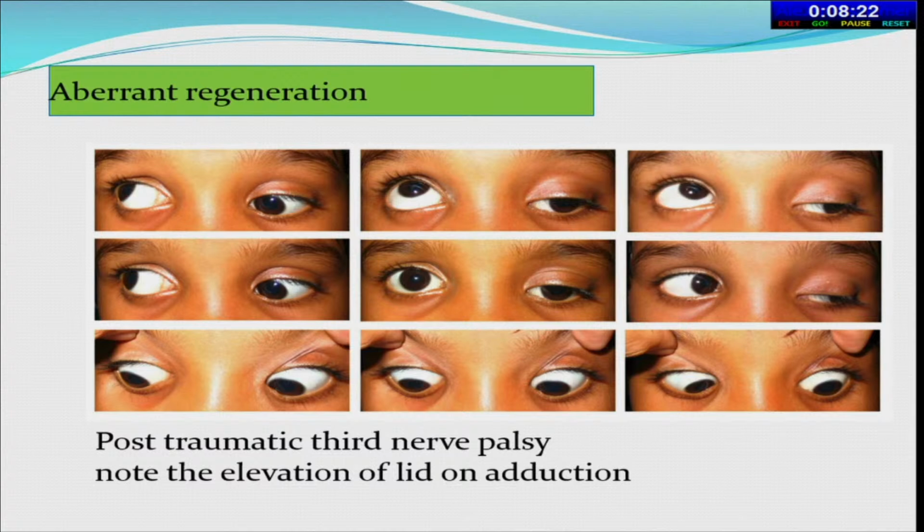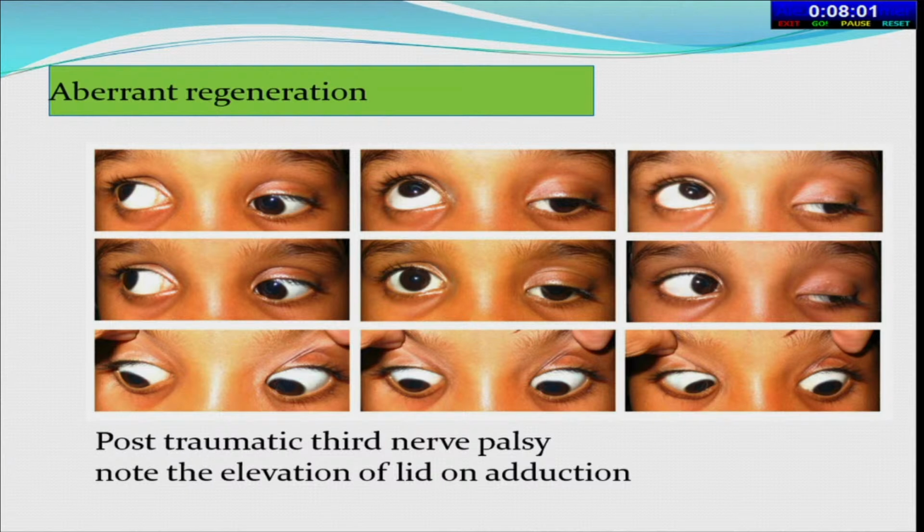It's not uncommon to have aberrant regeneration. The most common form is innervation to the LPS on adduction. So the nerve fibers which were supposed to supply the medial rectus will also now supply the LPS. That's one common aberrant regeneration that we see.